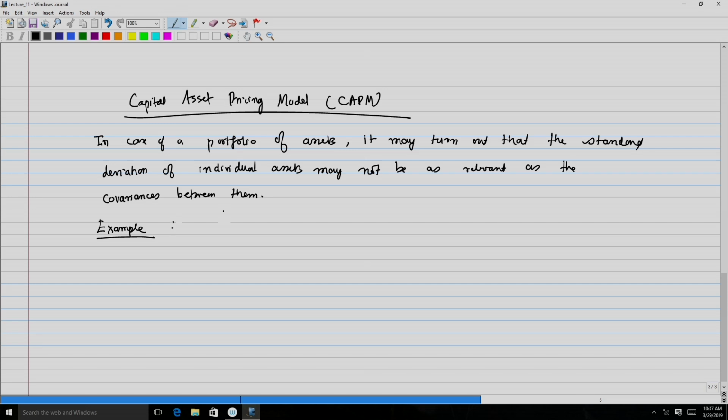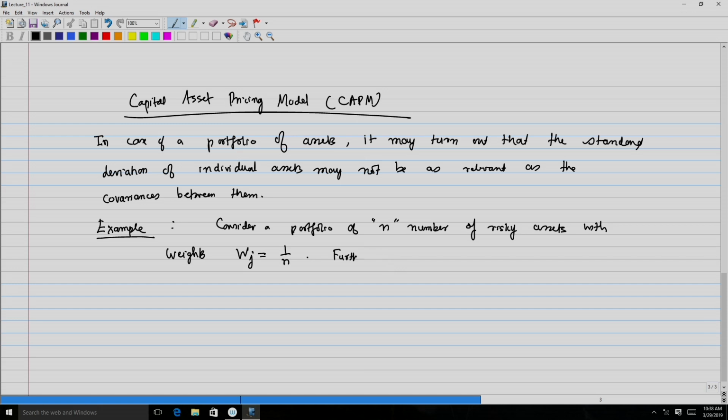We consider a portfolio of n risky assets with weights w_j equal to 1 over n.